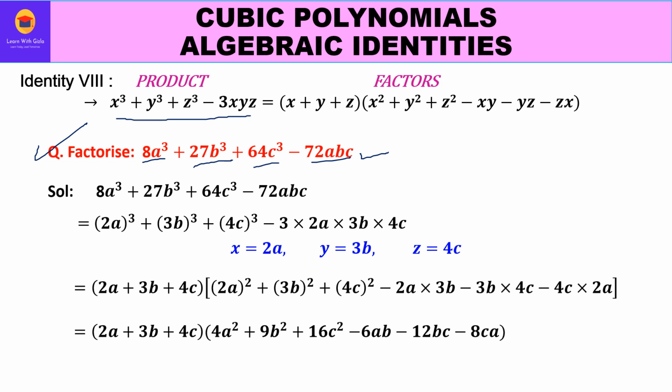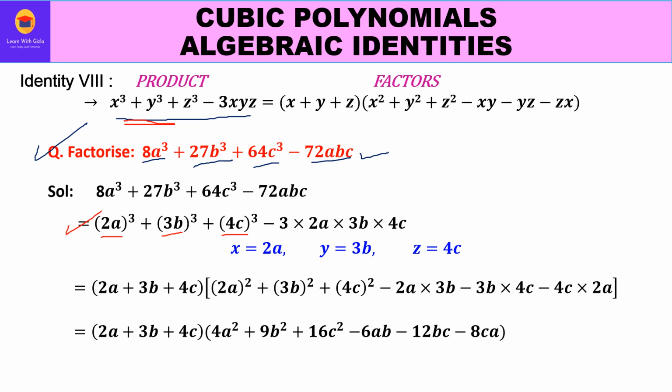Now let us start with this product and write 8a cube as 2a whole cube. 27b cube can be written as 3b whole cube. 64c cube can be written as 4c whole cube, because we have to resemble it to this identity. So according to the identity we can have 2a whole cube, 3b whole cube, 4c whole cube.